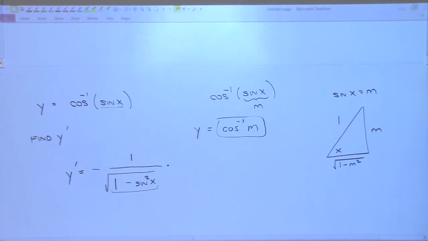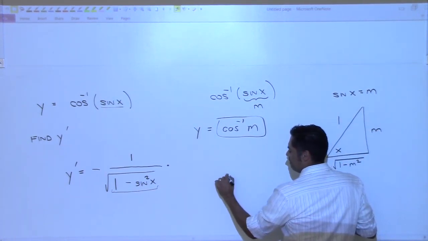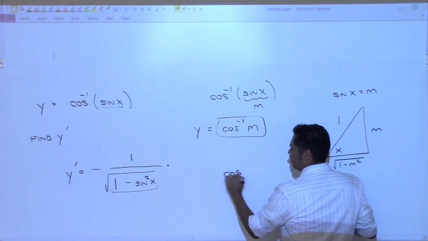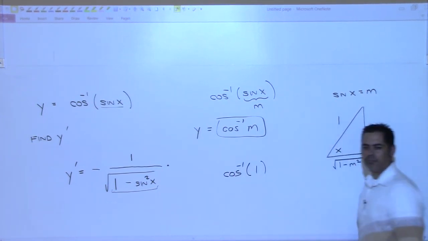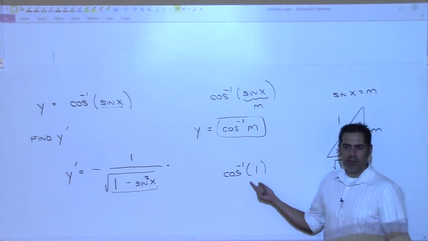Trying to get you to think of what cosine inverse of m means. What's cosine inverse of 1? Pi halves? You're on the right track, but it's not pi over 2. Isn't this saying at what angle is cosine 1?